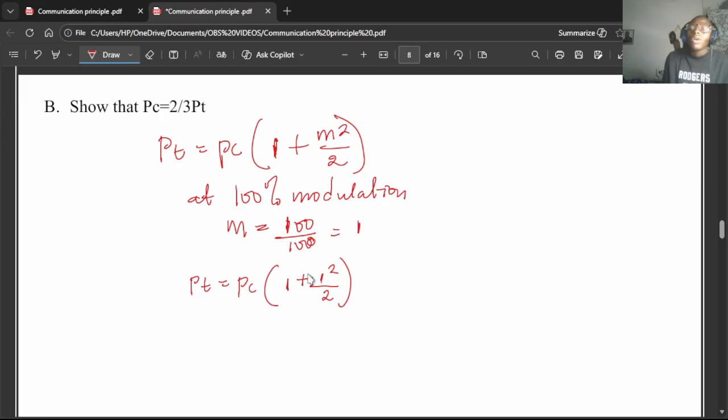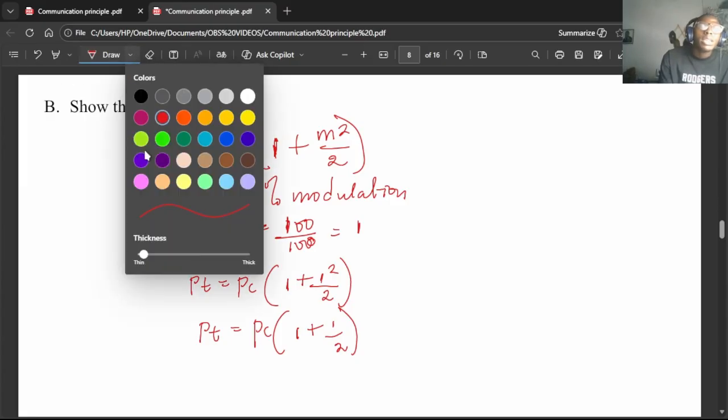Now, if you simplify what you have in your bracket, PT is equal to PC times 1 plus 1 over 2, because 1 squared is simply 1. Let me change the ink so it will be very clear.